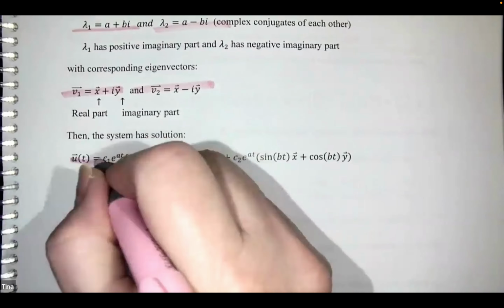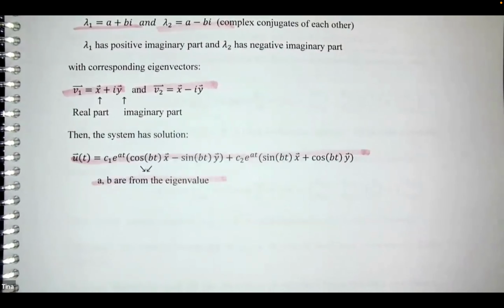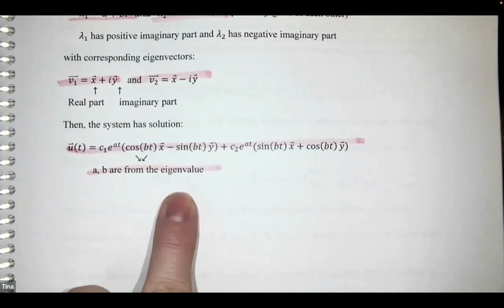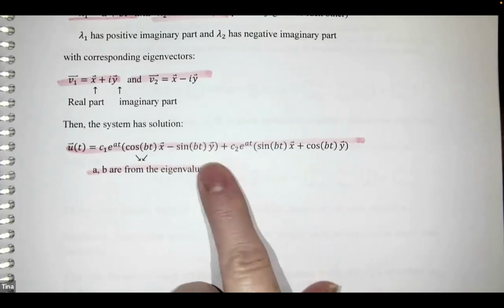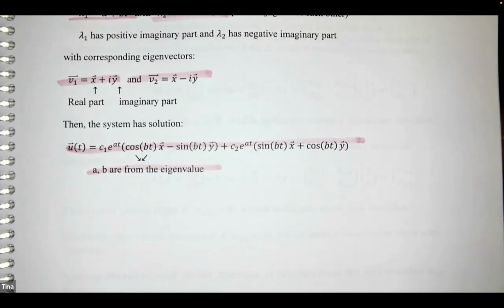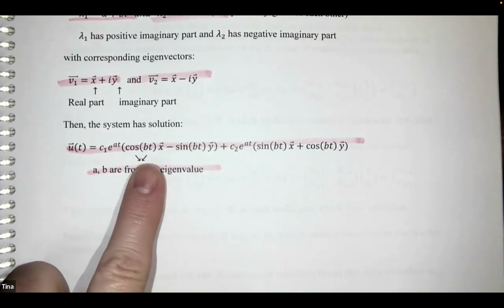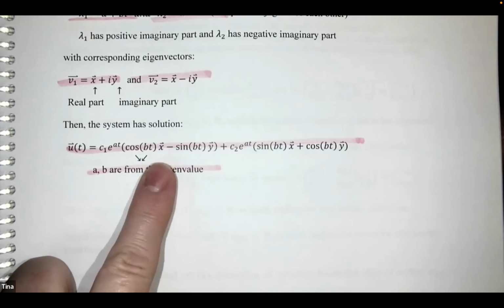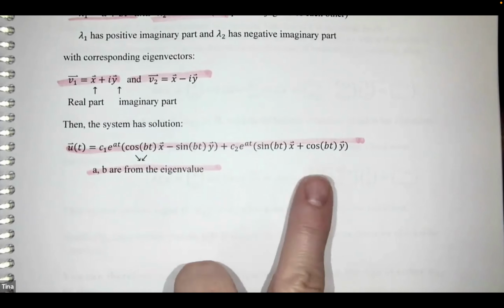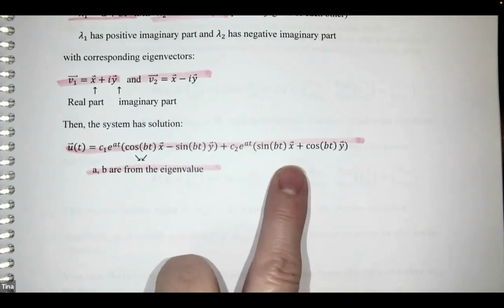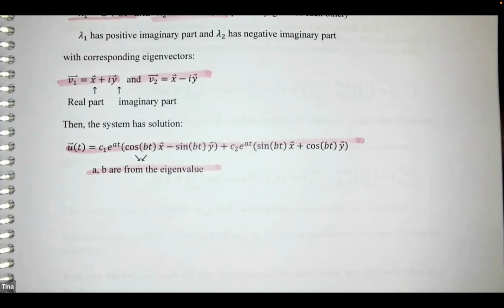And the solution looks like this. And a and b are from your eigenvalue. So it is really, really intense looking in terms of the solution. Okay. So c1 e to the at, bracket cos bt x minus sine bt y, plus, and then the c2 e to the at, sine bt times x, plus cos bt y.